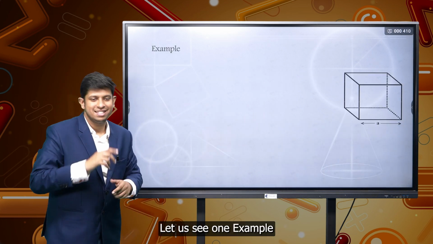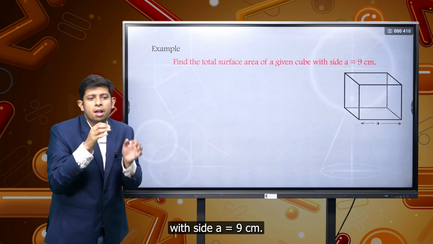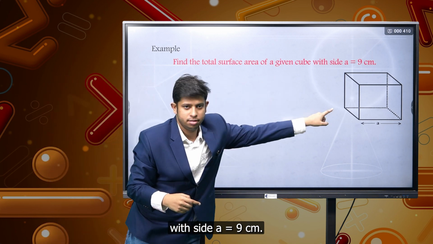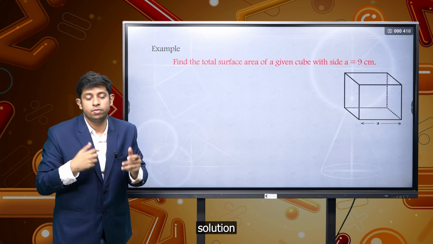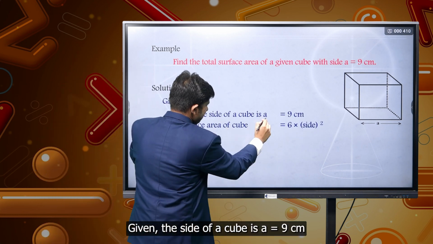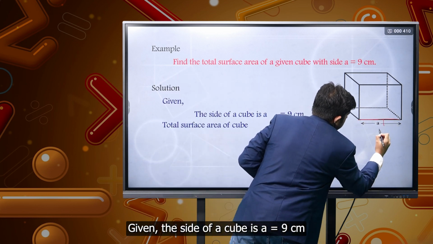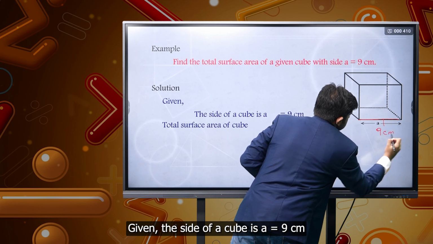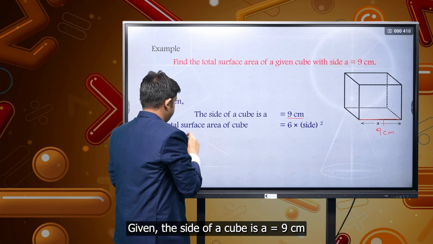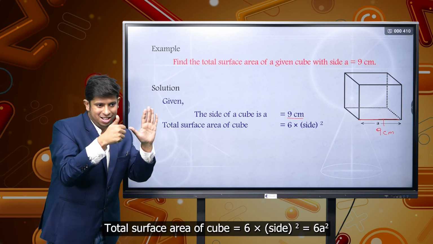Let us see one example. Find the total surface area of a given cube with side A is equal to 9 cm. Solution. Given the side of a cube is A, that is equal to 9 cm. We know the total surface area of a cube is equal to 6 into A square.